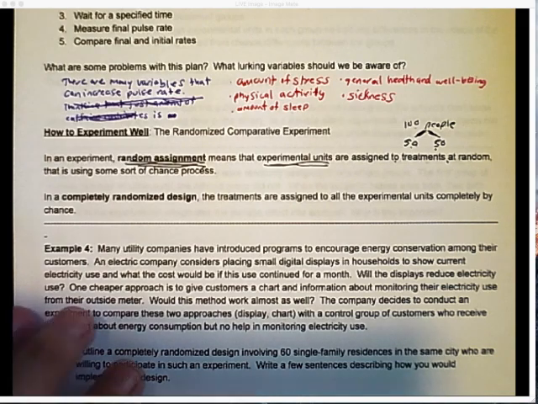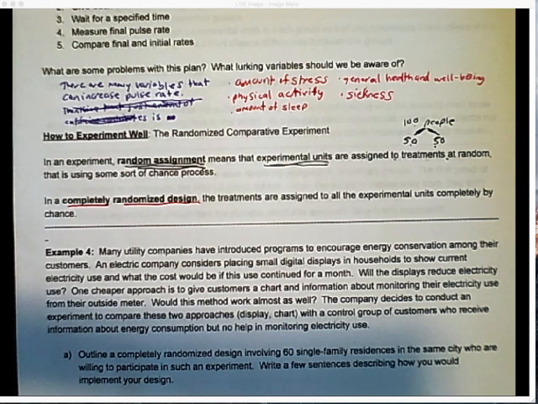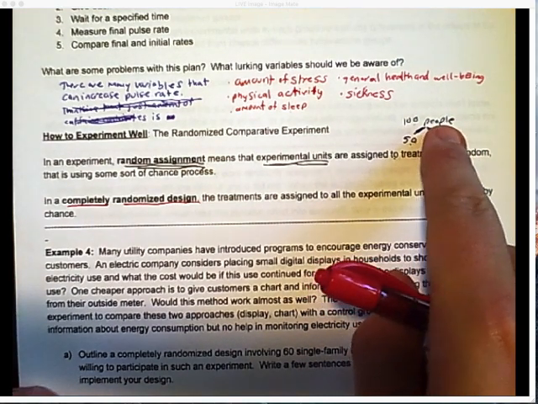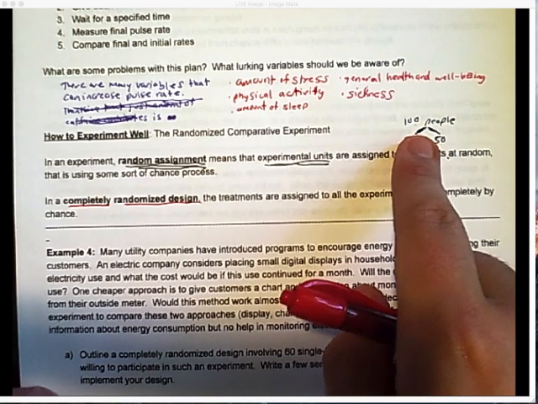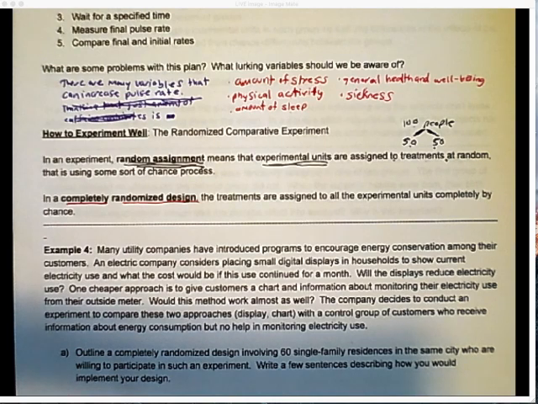Now, in a completely randomized design, the treatments are assigned to all the experimental units completely by chance. We'll talk about other types of design like block design later, but that's kind of what I gave you up here. Completely randomized: I flip a coin for each person. If it comes up heads, they get one drug. If it comes up tails, they get the other.